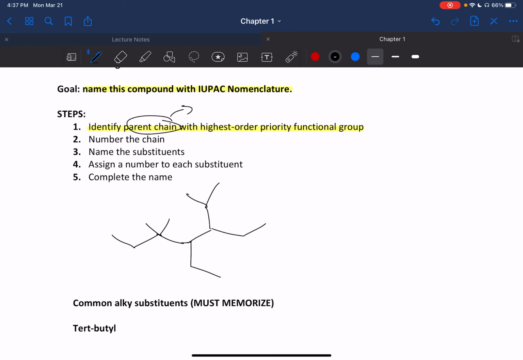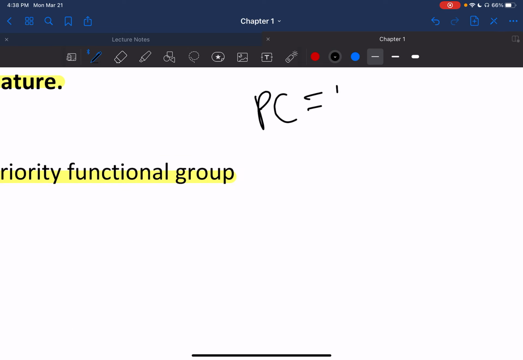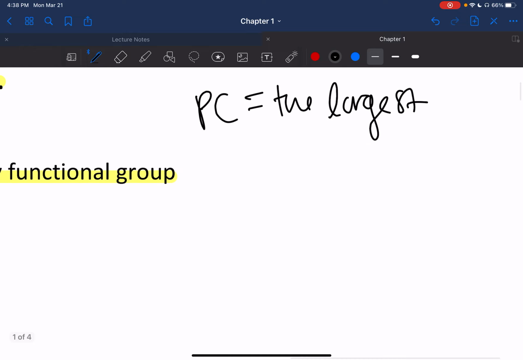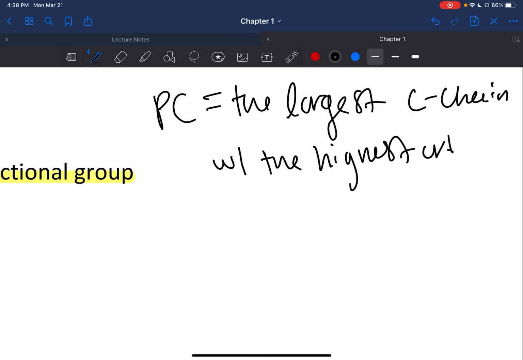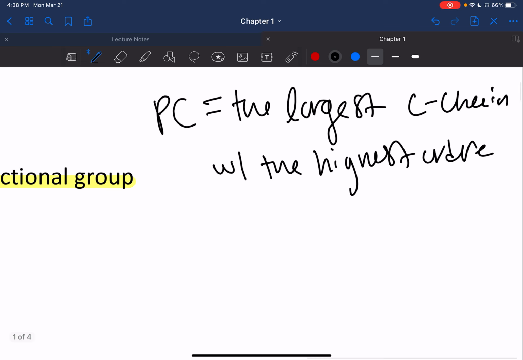The parent chain, also known as PC, is equal to the largest carbon chain with the highest order functional group.